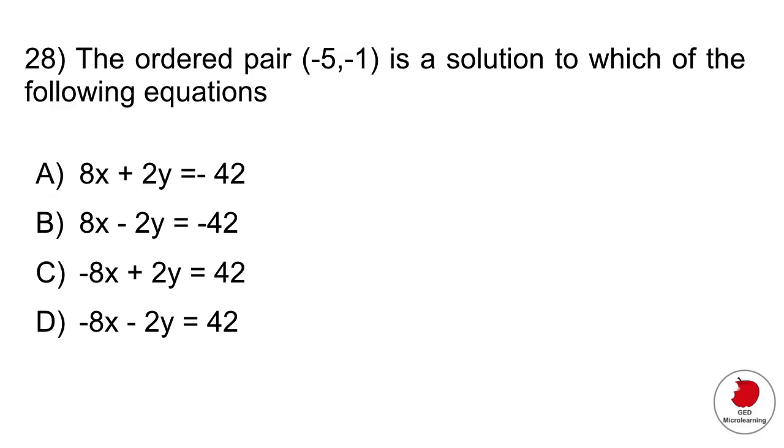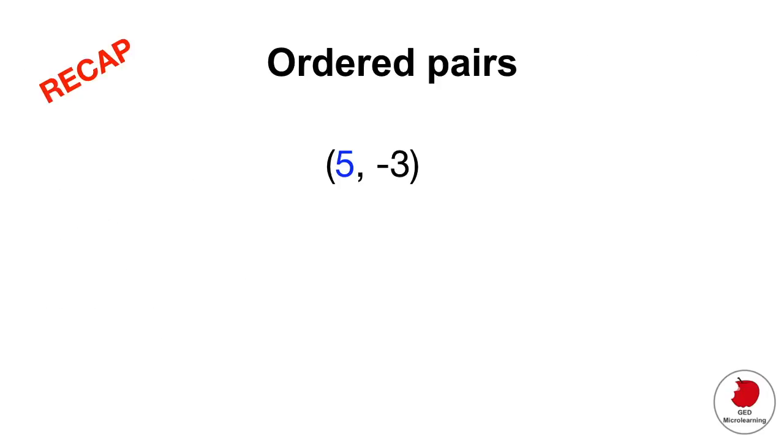Question 28 looks at ordered pairs. So it says, the ordered pair minus 5, comma, minus 1 is a solution to which of the following equations? So just a quick recap, whenever you get two numbers like that in a parentheses, these are known as ordered pairs, and really what they are is coordinates.